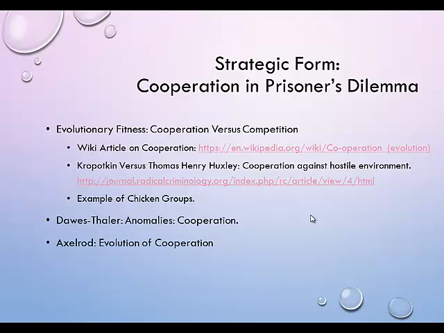The wiki article is on cooperation is good. They have up-to-date information. Basically, previously it was thought that cooperation is against survival, but now it is realized that this is not true. Even in the early times, there was a Russian biologist, Kropotkin.